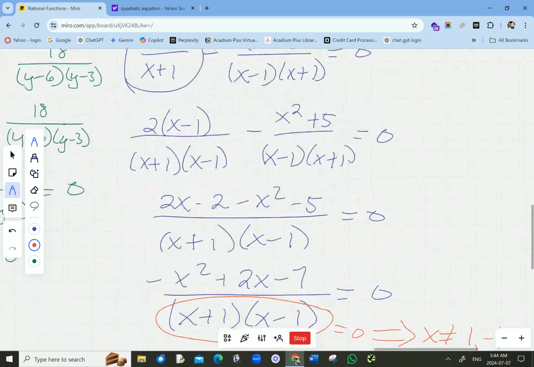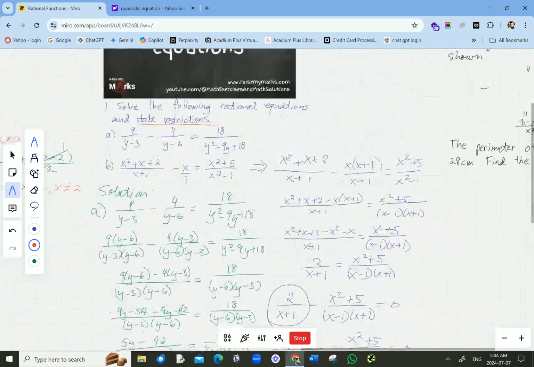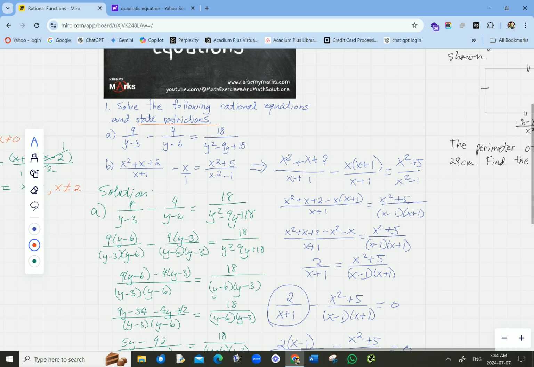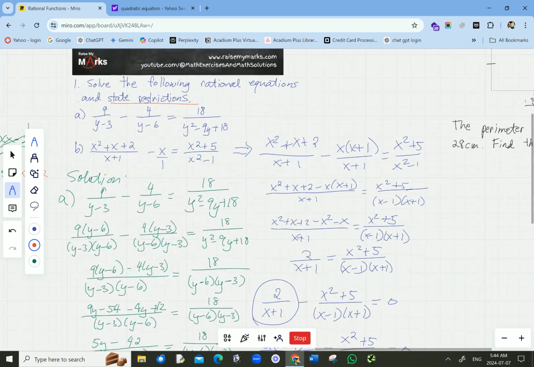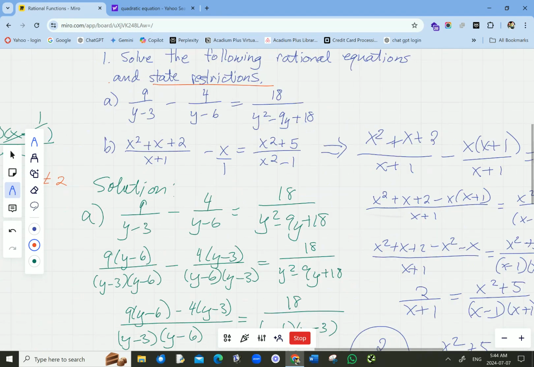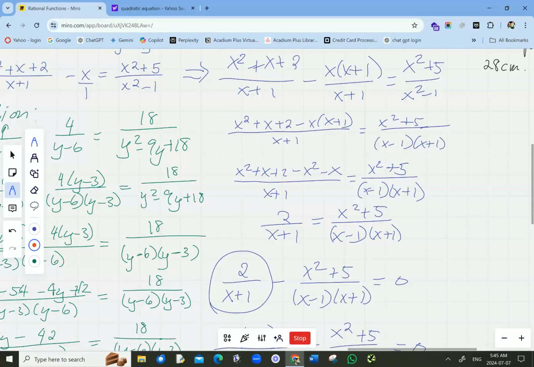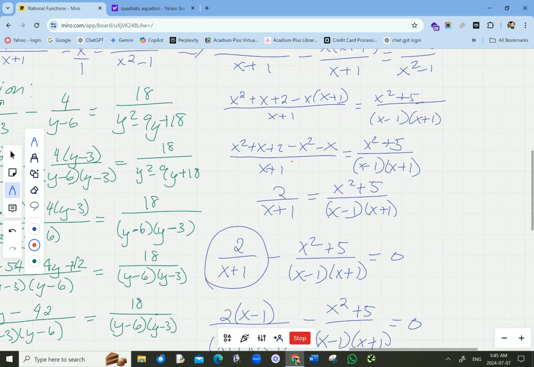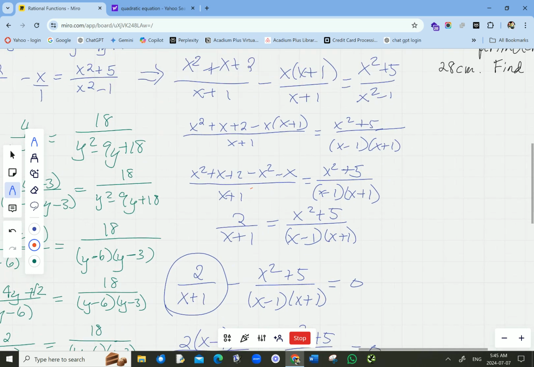Let's just review this last exercise because it's a bit of a complicated one. I'm wondering if we made a mistake. We started by putting everything on the left-hand side over a common denominator, and then adding and subtracting and simplifying the numerator. We got 2 over x plus 1. On the right-hand side, we factored the denominator.